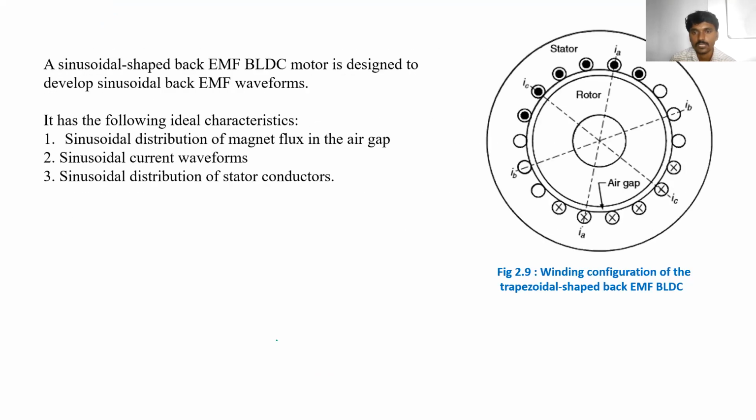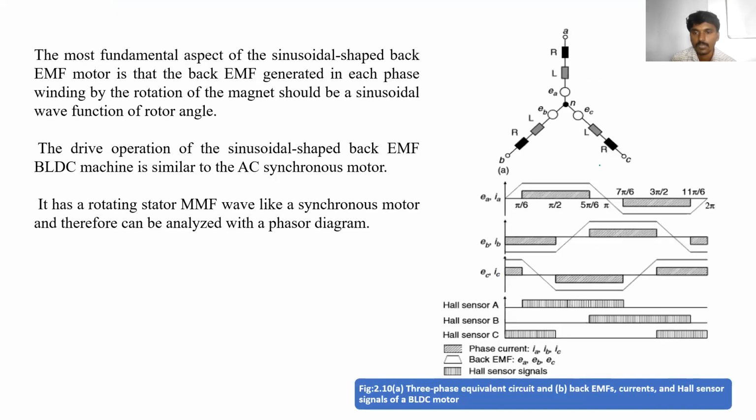So here you can see, this is the trapezoidal brushless DC motor. Whatever EMF we get like this, this is trapezoidal. If the EMF generated by the stator winding is trapezoidal, that motor is called a trapezoidal brushless DC motor.